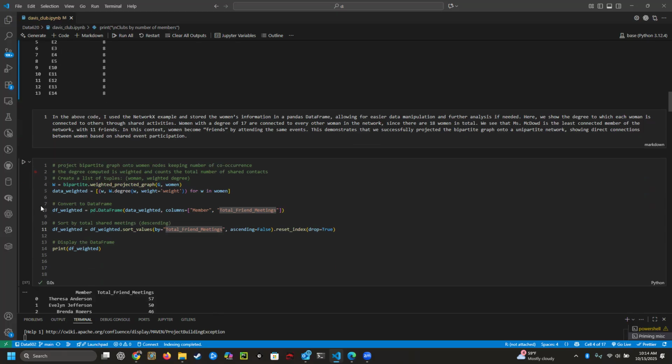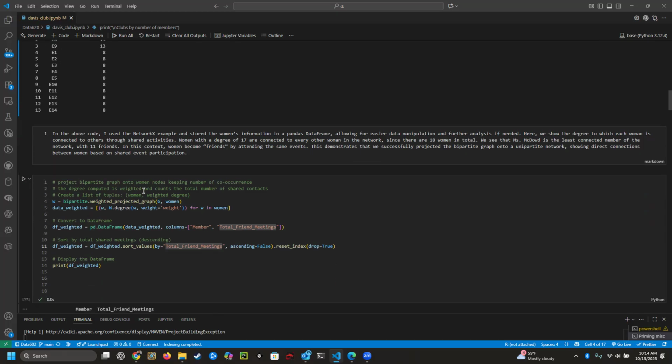Okay. So then our next step is to get a weighted representation, especially for our women nodes, just to see the total number of connections. So basically, for a specific woman, how many different connections does she make with other women in total?